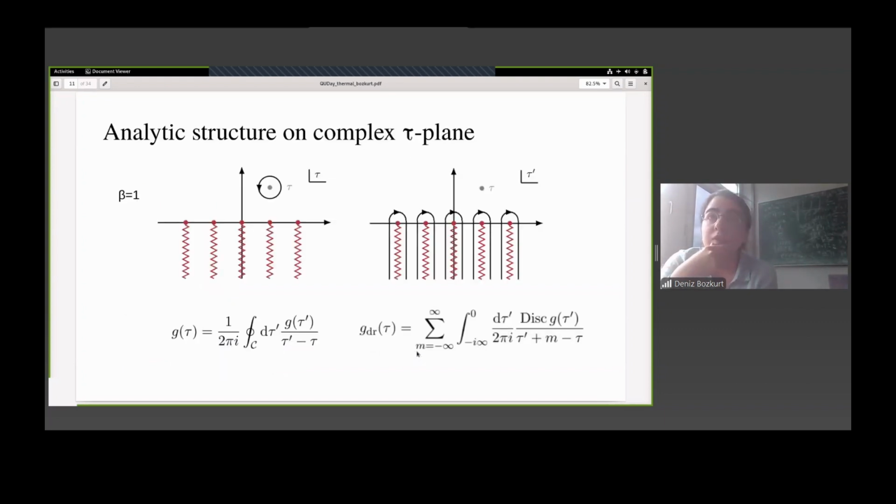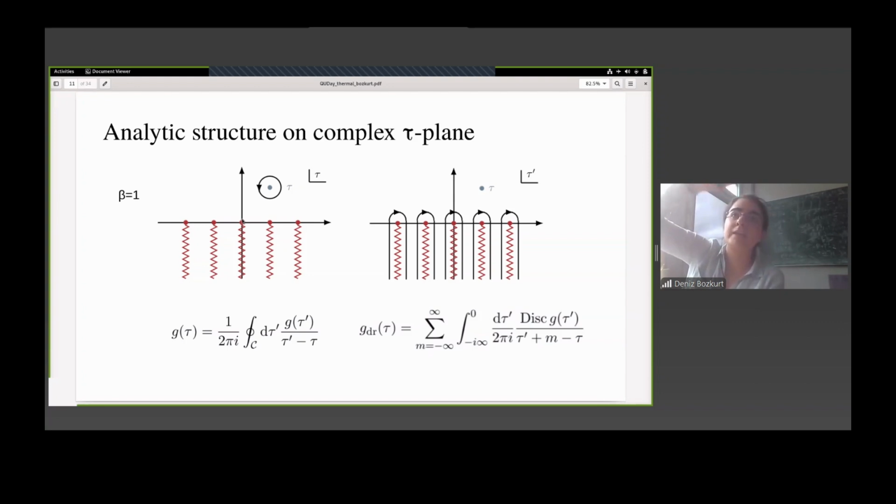And then we also know what the analytic structure of this two-point function should be in general. So we know, first of all, that when these two operators collide, when the distance between them is 0, then there should be a divergence. And then, since we have the periodicity, this pole should appear in the real tau line, separated by the distance of the thermal circle.